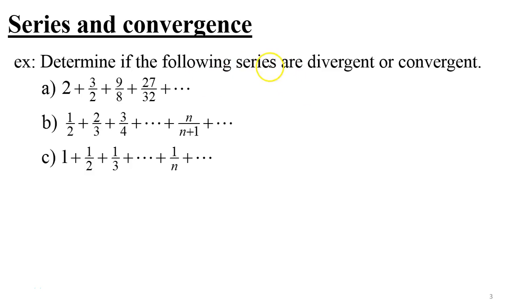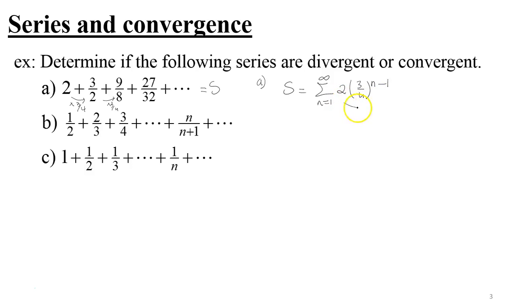For example here, if we just look at these three series, in part A, this is a geometric series. Here you'd be multiplying by 3/4 every single time. So if I call this S, S would be the sum where n goes from 1 to infinity of the first term times the common ratio to the power of n minus 1.